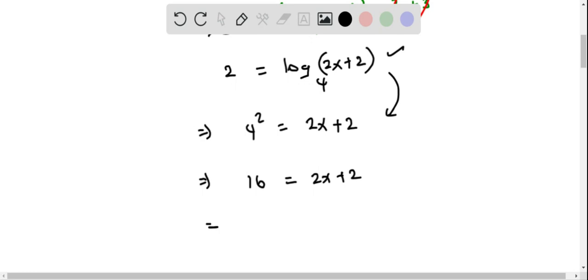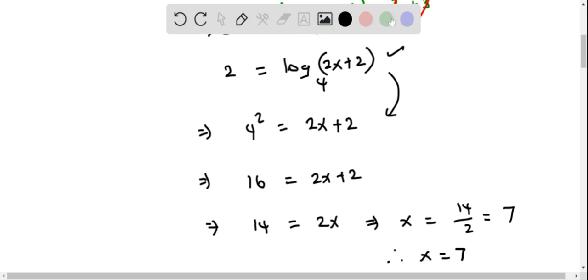Subtracting 2 from both sides we get 16 minus 2 is 14 and this equals 2x. Now solving for x from this equation, we get x equals 14 by 2 and this equals 7. So therefore, we found that x equal to 7.